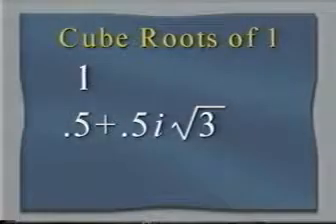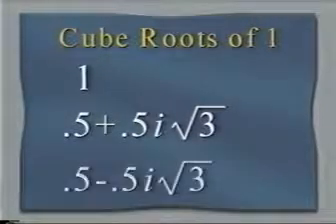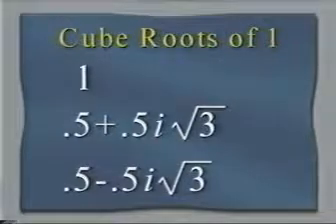And his method provided two additional answers: 0.5 plus 0.5i times the square root of 3, and 0.5 minus 0.5i times the square root of 3.